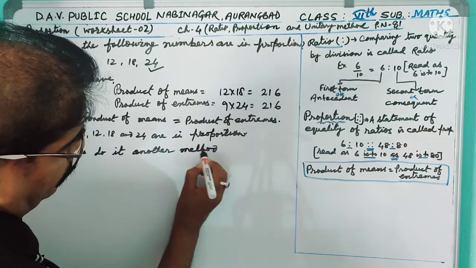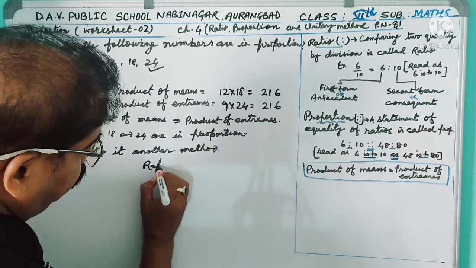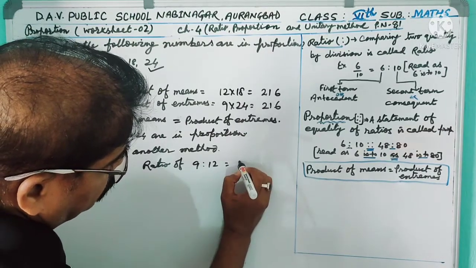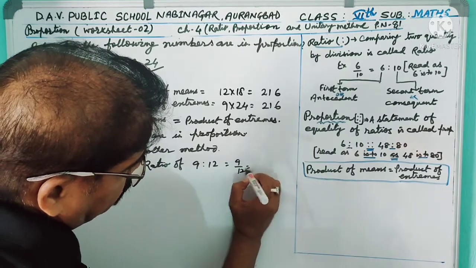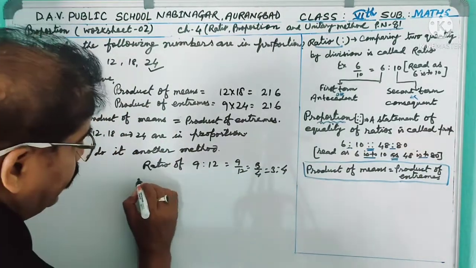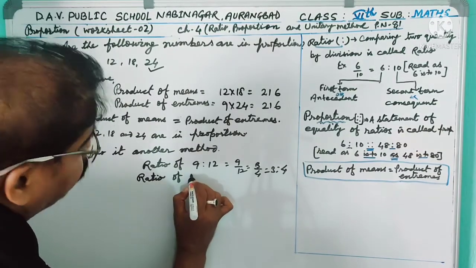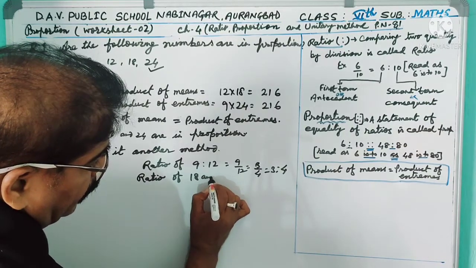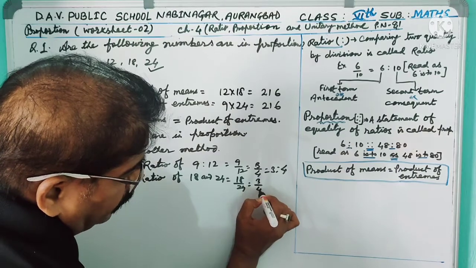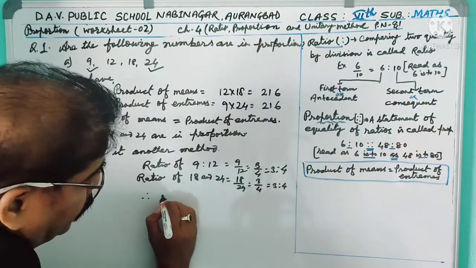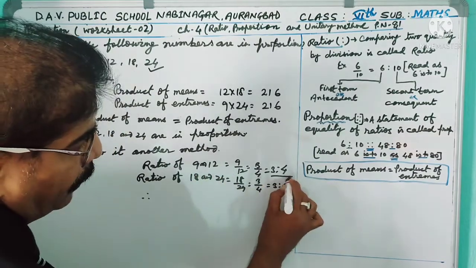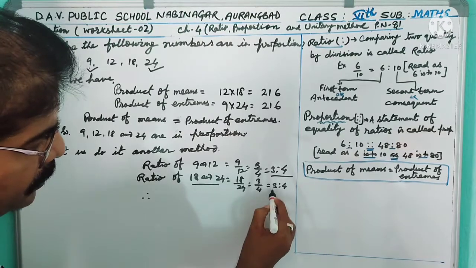The ratio of 9 to 12 is 9 by 12, which is 3 by 4, that is 3:4. And the ratio of 18 and 24 is 18 by 24, which is 3 by 4.